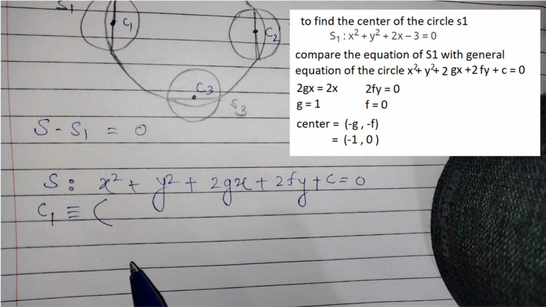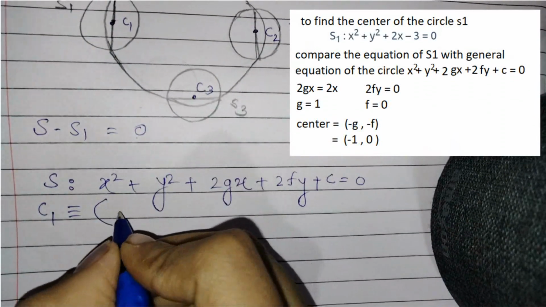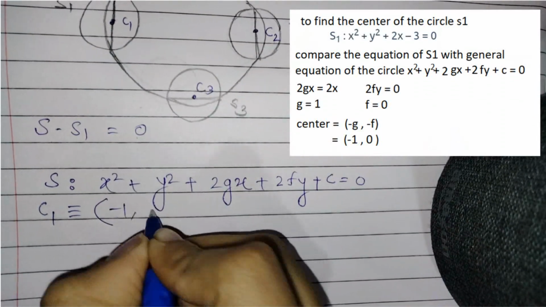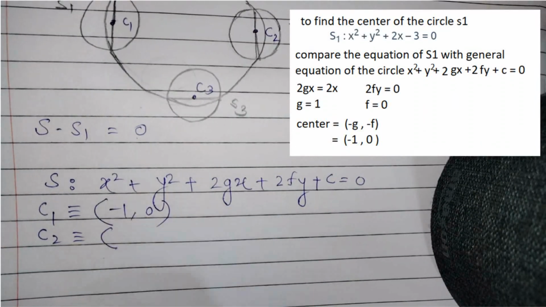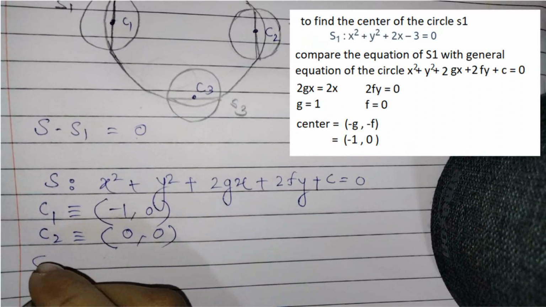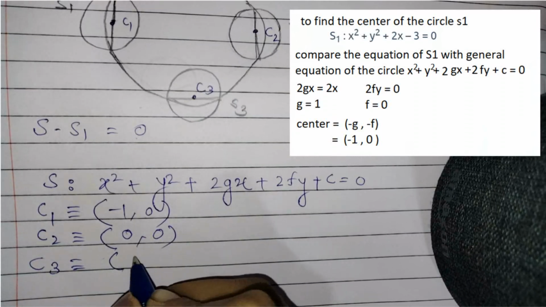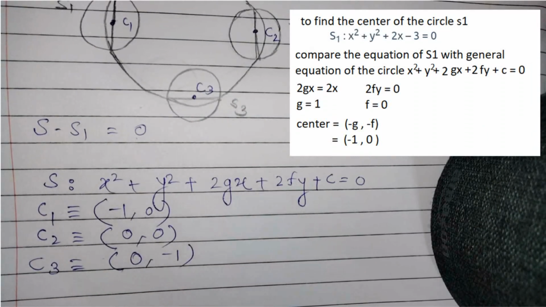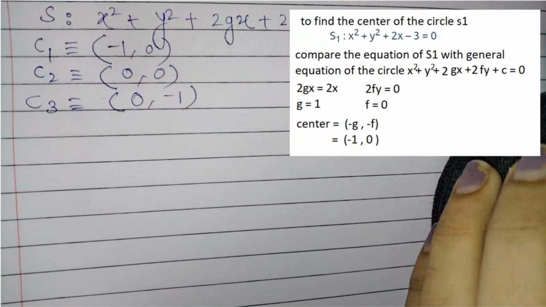The coordinates of C1 are minus 1 comma 0, C2 coordinates are 0 comma 0 and C3 coordinates are 0 comma minus 1. So this is the information we will need. Now let us find the first common chord equation.